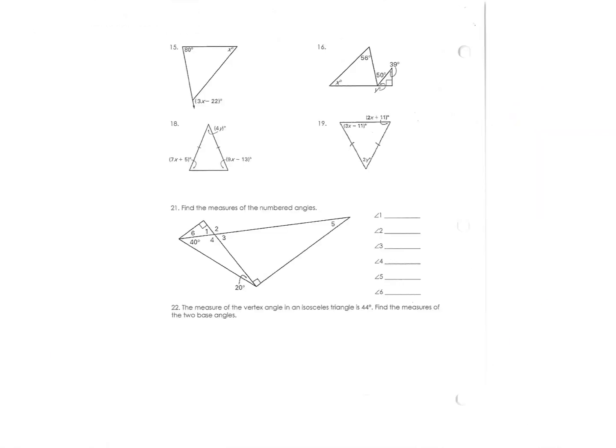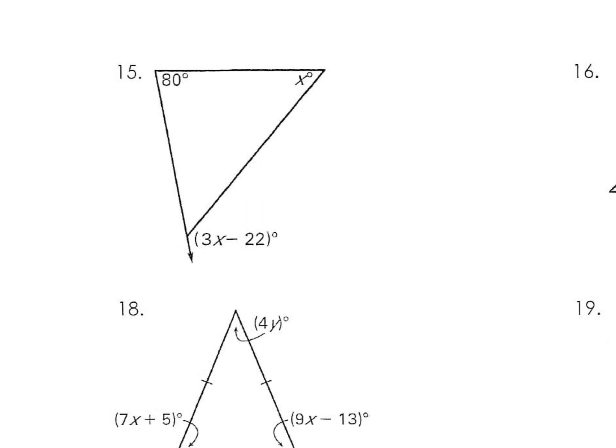Now this is why I wanted to do one of the questions with exterior angles, because in this case, I know that this has to be equal to this angle plus this angle. I can't find this angle. I don't have enough information.